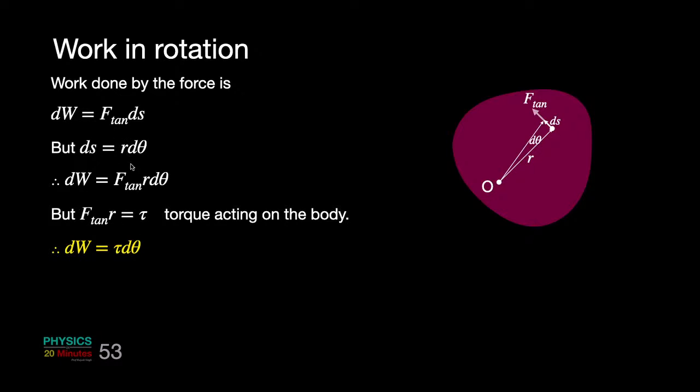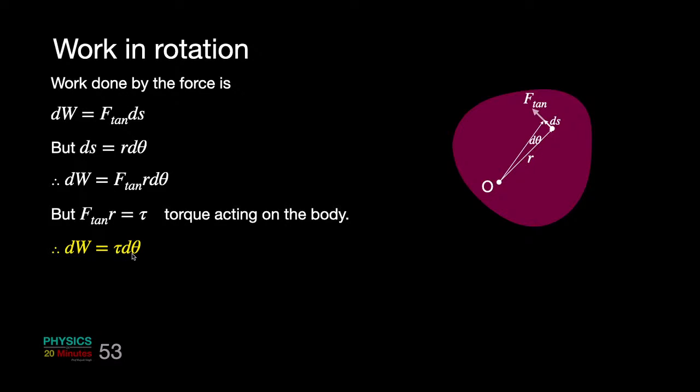Therefore, this equation can be written as dW is equal to torque tau into d theta. So you can see that this will replace the formula for work done in rotation. In linear motion, the work done is F into ds. In rotation, force is replaced by torque and linear displacement is replaced by angular displacement. So dW is equal to torque into d theta.